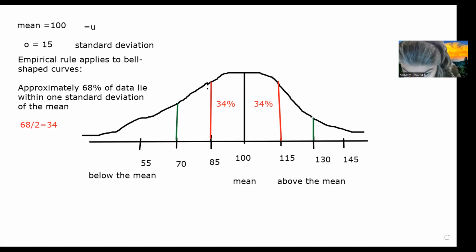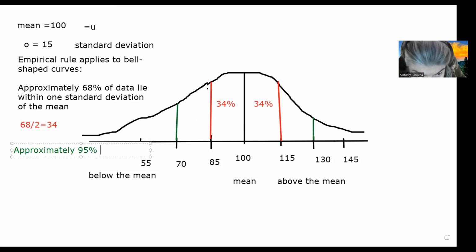Notice that this green area takes in the red zone, but we have these other pieces that we haven't yet filled in. Between 70 and 130, it says that there's approximately 95% of my data.